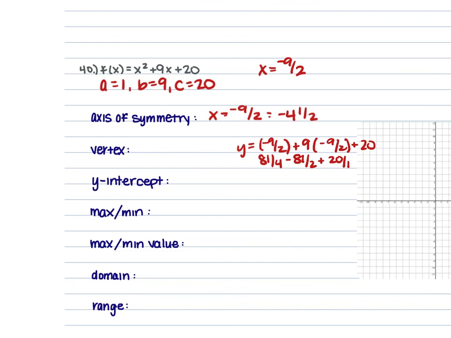So our least common denominator here is going to be 4, so it's going to be 81 over 4 minus 162 over 4 plus 80 over 4. So we are going to have negative 81 plus 80 over 4, so it's negative 1/4. So our vertex is going to be negative 4 1/2, comma, negative 1/4.